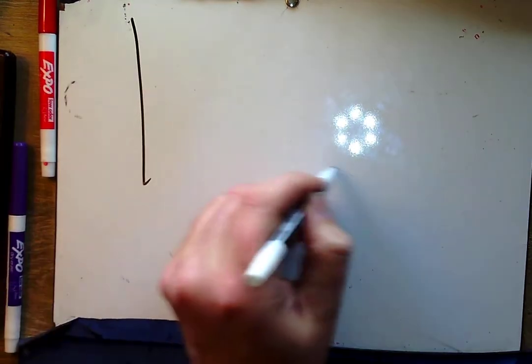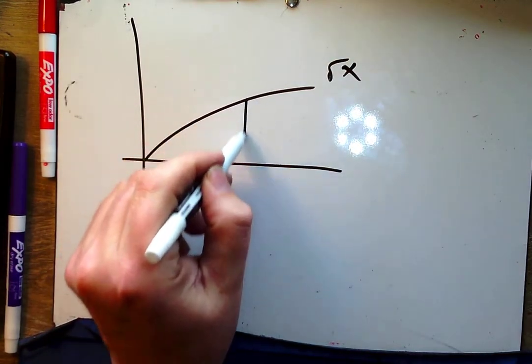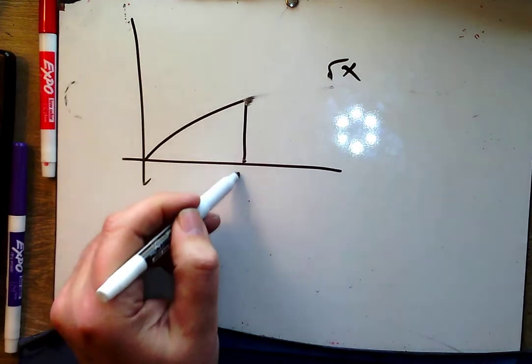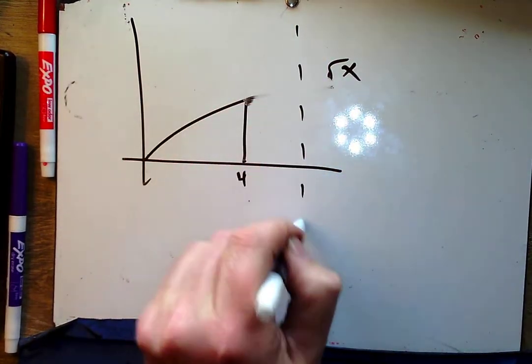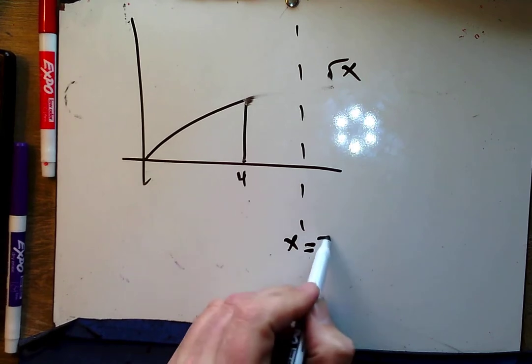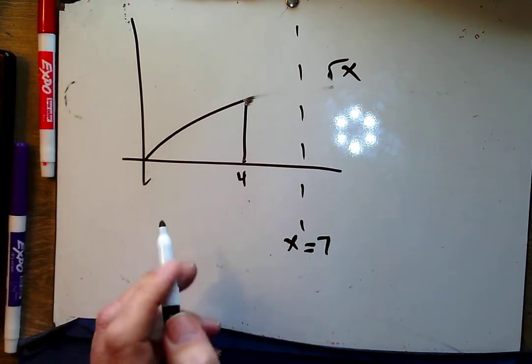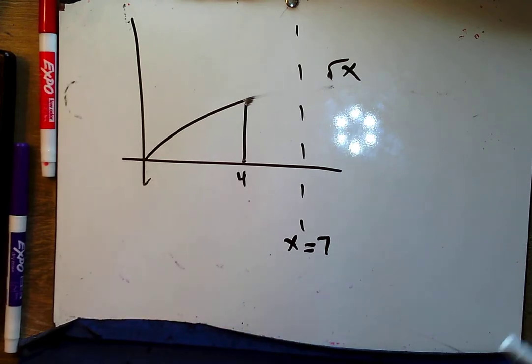All right. So here's our square root of x, and what's our region? Here's our 4. But I want to spin about x equals 7, and I want cylindrical shells. So if I'm doing shells, what do I do?